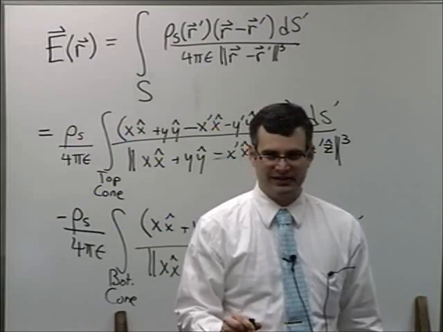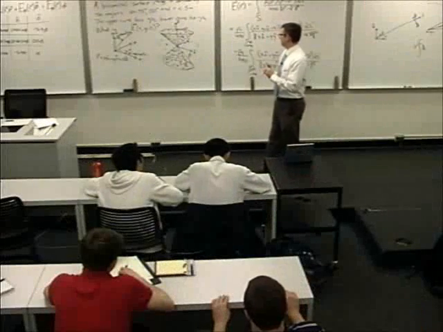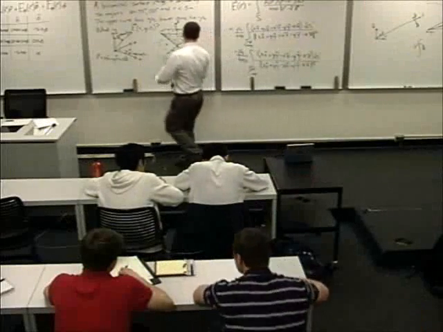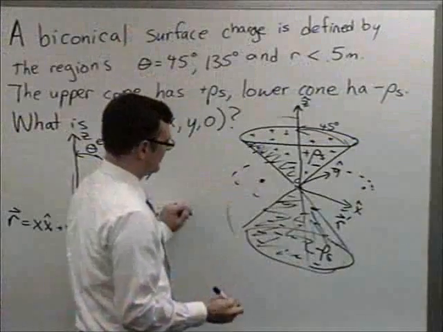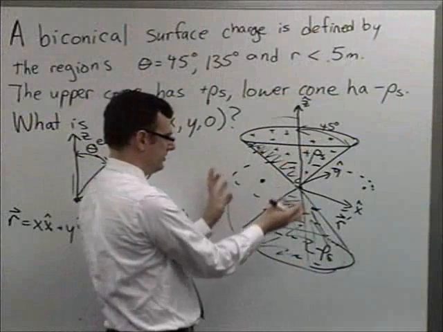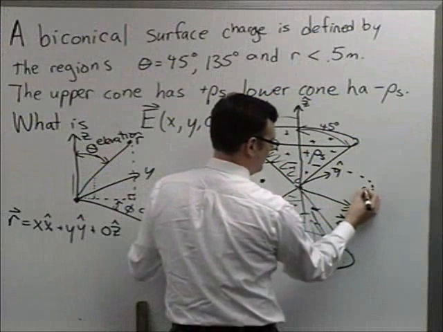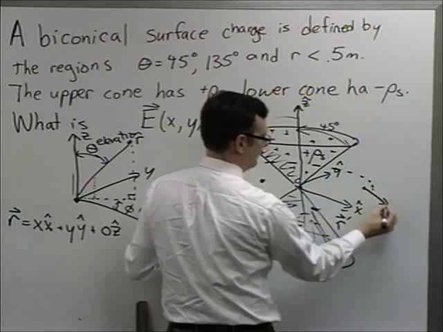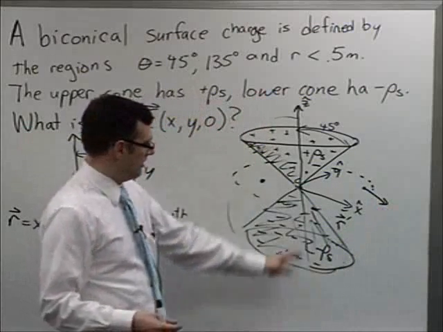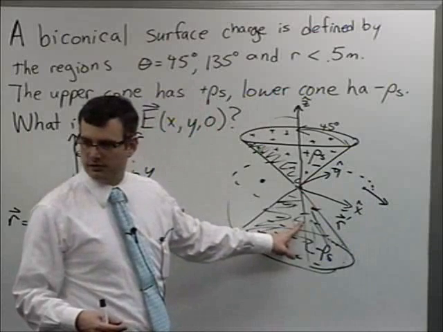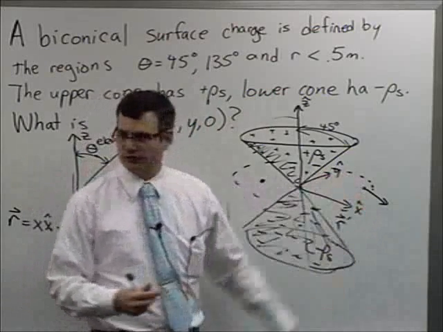That's right, that's right. So if you think about it, let's go over to this picture. Let's say I go to a point on the xy plane. I have a positive cone. It's going to make an E field that points this way, just say, hypothetically. Yeah, it's away from the cone.